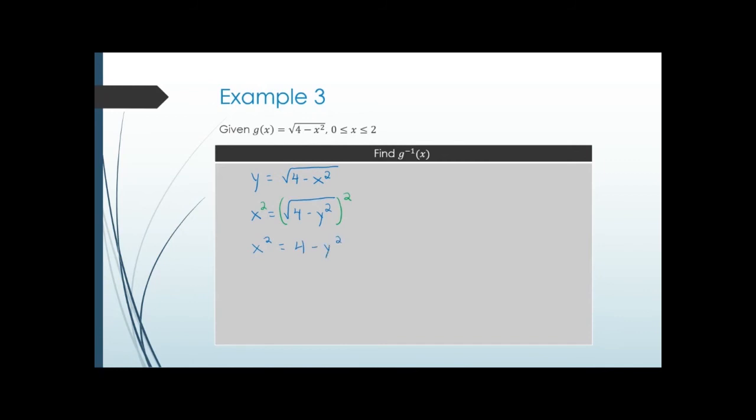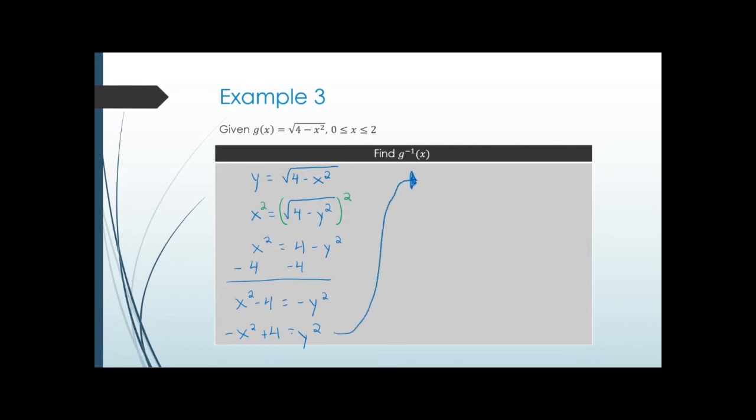So I need to get the y by itself. I'm going to subtract 4, which gives me x squared minus 4 equals negative y squared. Now I need to divide both sides by negative 1 to get just y squared. So that becomes negative x squared plus 4 equals y squared.